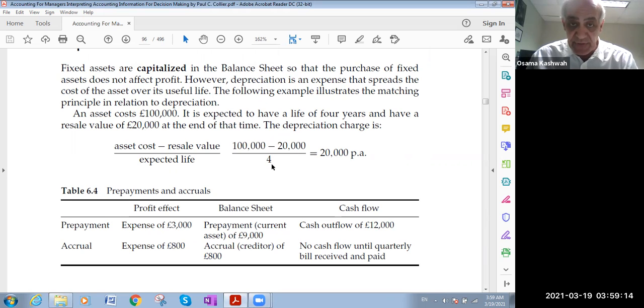So for every year, how much does the value go down? 100,000 minus 20,000 at the end, divided by 4 years, gives me $20,000 per annum, or for 1 year. Every year the value of the car will be reduced, and $20,000 will be deducted.